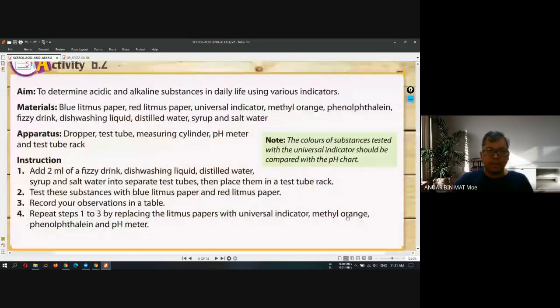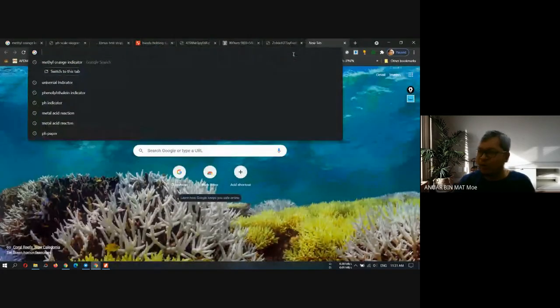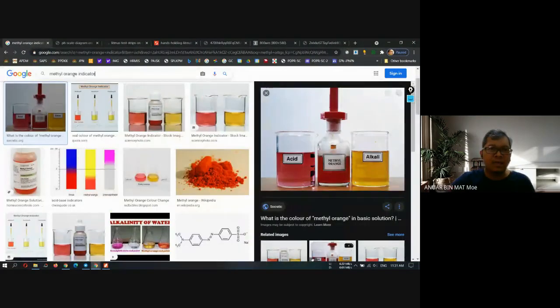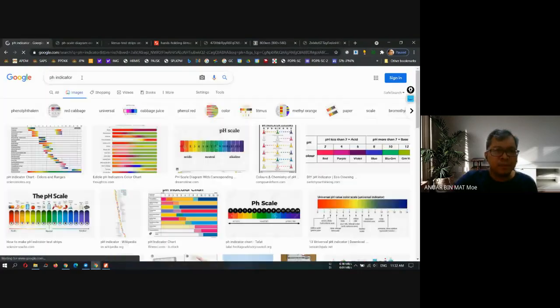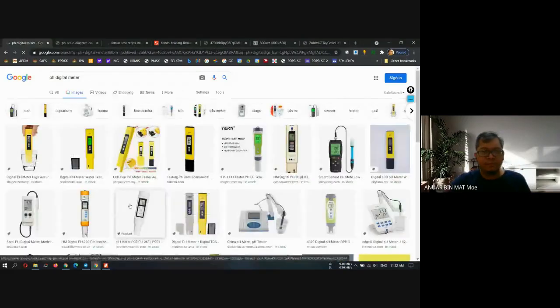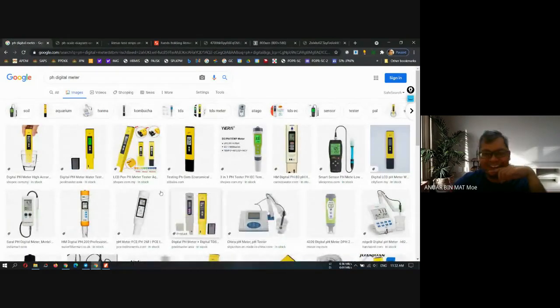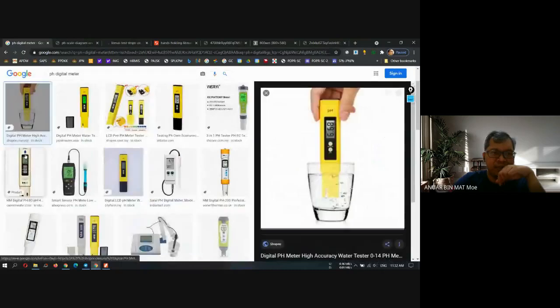Okay, next one. Actually, there is a much easier way to determine the pH value. This one is very easy. Ada jual, there is what we call a digital pH indicator.